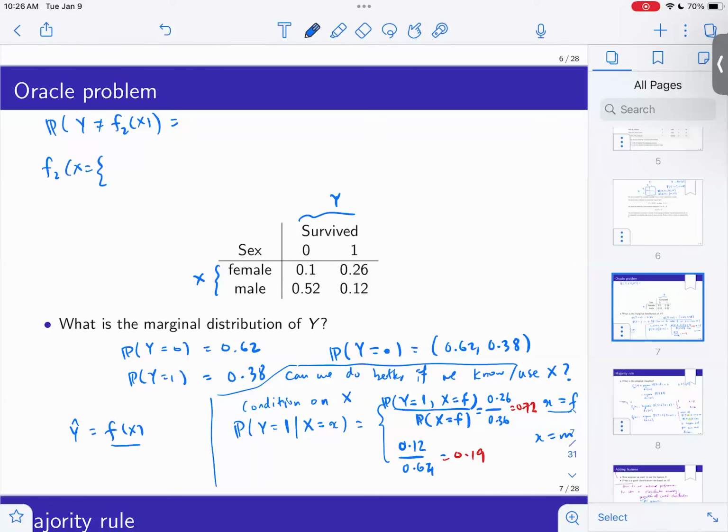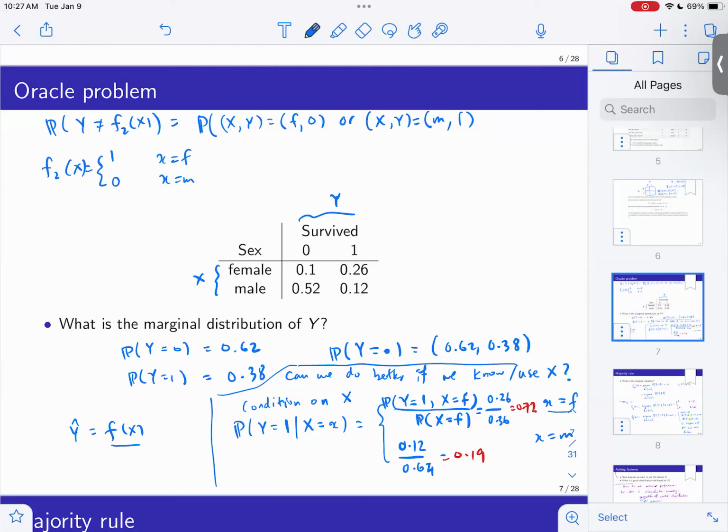So x is female, x is male. This is 1. This is 0. So when do we misclassify? If x is female and it didn't survive, or x is male and they survive. So this is the probability that the XY pair is X is female, Y did not survive, or X is male and they survive, right?